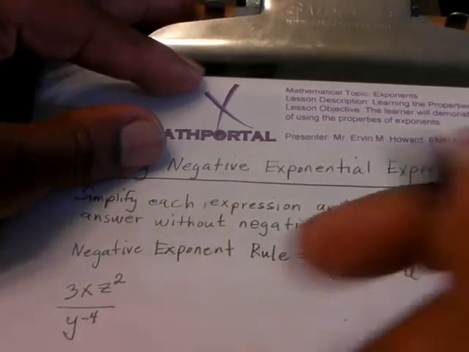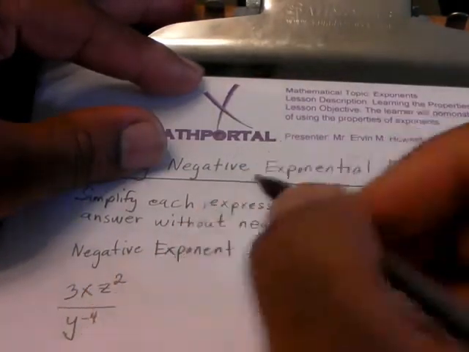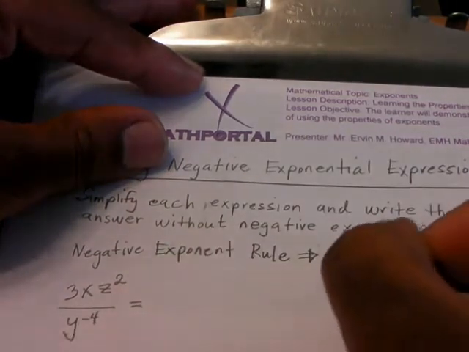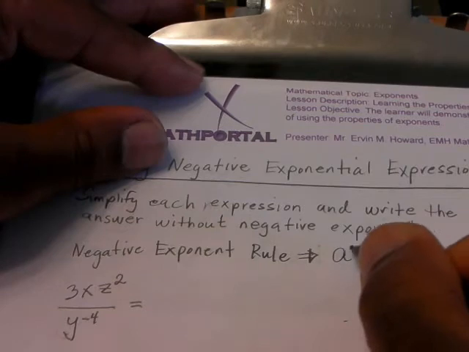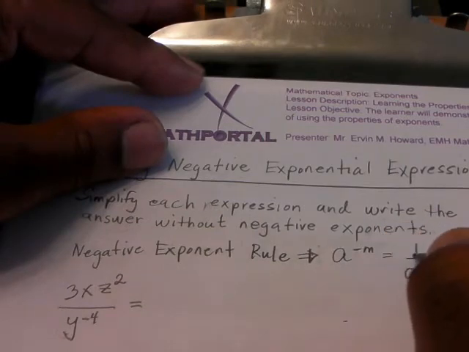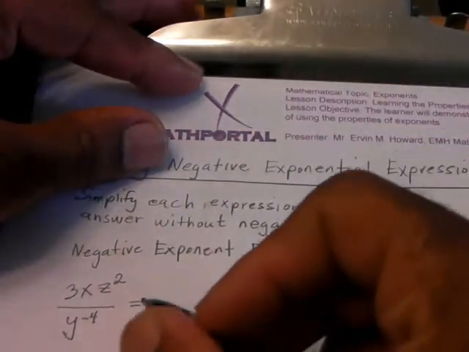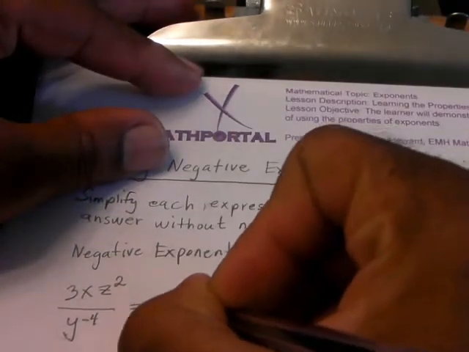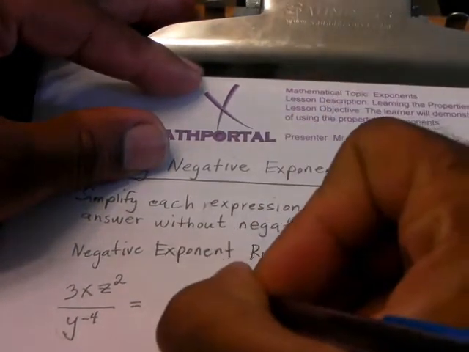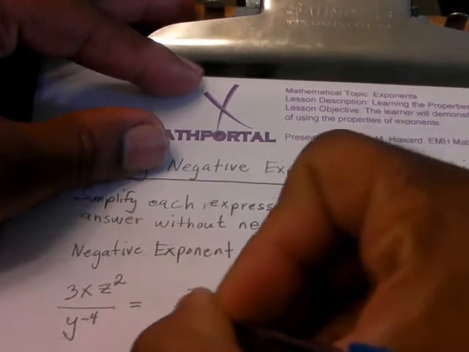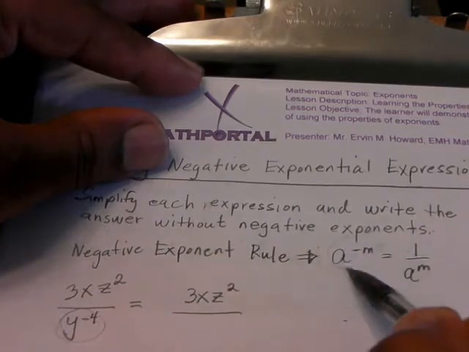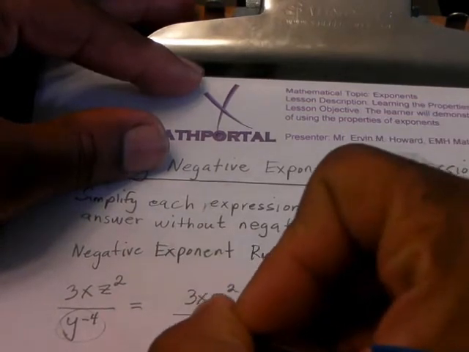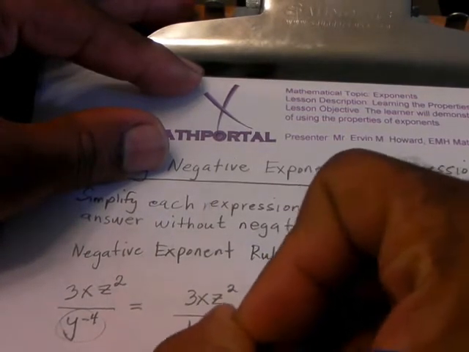Using the formula, you take this and render it into its positive power: a negative exponent becomes positive by using this formula. We're going to write everything the same, except we make the change. We have 3x z squared over, and now we apply the formula to this, so that would be 1 over y to the 4th.